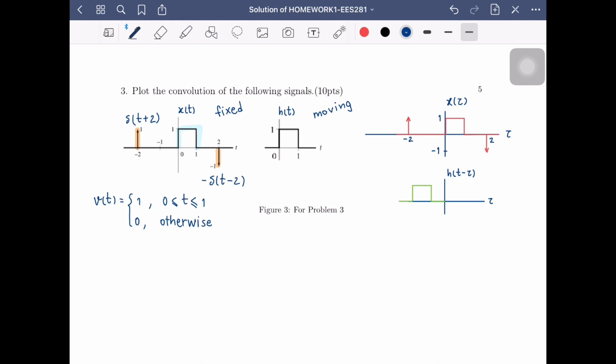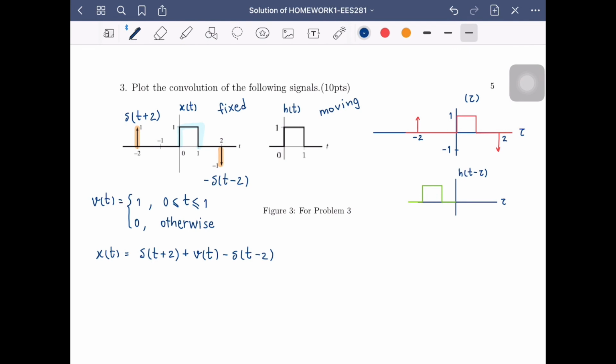Then we can know that our x(t) is equal to delta of t plus 2 plus v(t) minus delta of t minus 2.